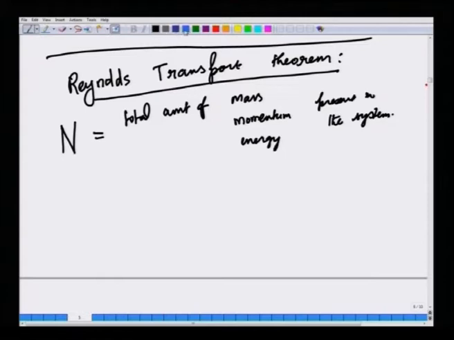We imagine that the system and the CV coincide at a given time. Okay. The system and CV coincide at a given time.